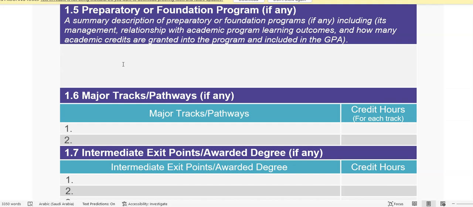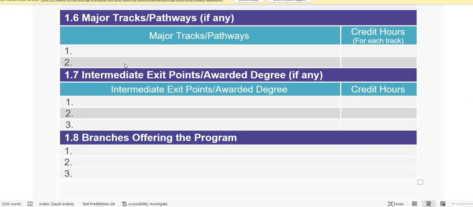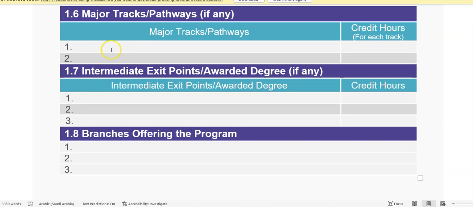List all the courses of the foundation year, and how your program, through the college, manages these courses to be sure that their learning outcomes are at a high level and fit with the program requirements. Regarding the major tracks and pathways, for example, a communication track and a power track: not all programs have tracks.